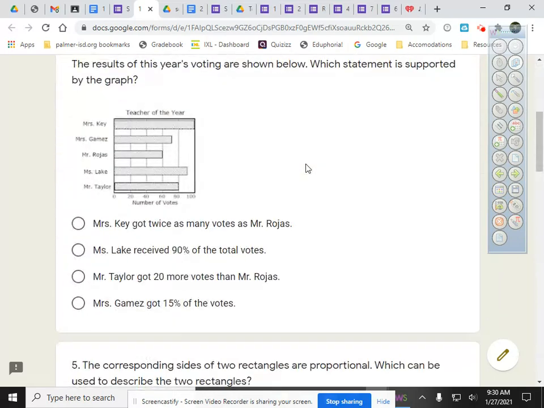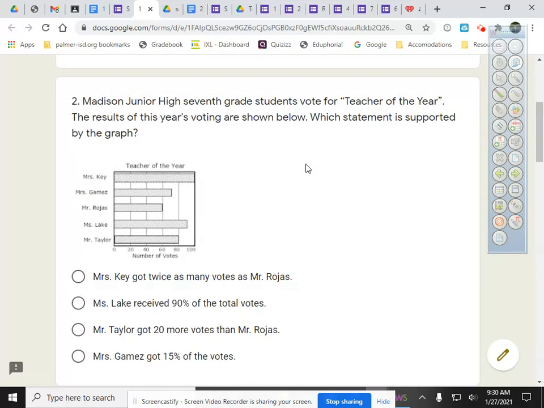Time to clean up. Connor, Nathan, and David.